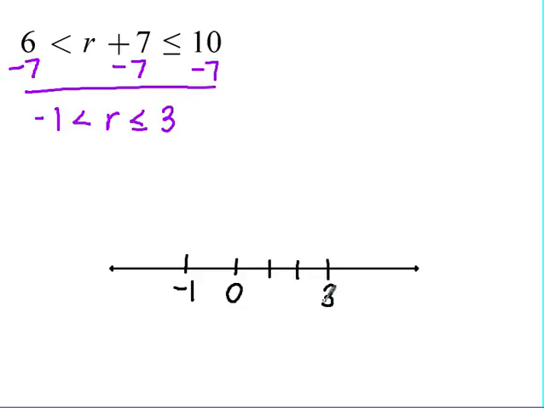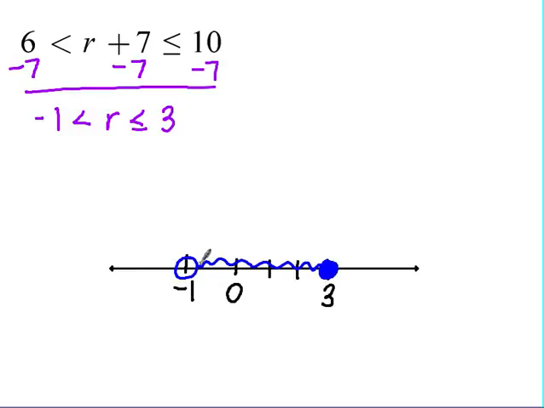So what is my answer going to look like? Perfect. And then what am I going to do? Shade in between. Nice job, guys. You've done a great job on those.